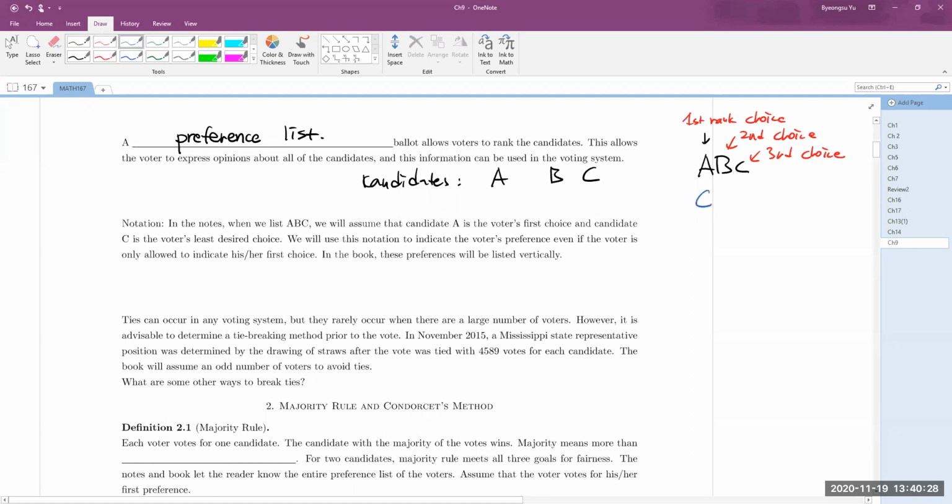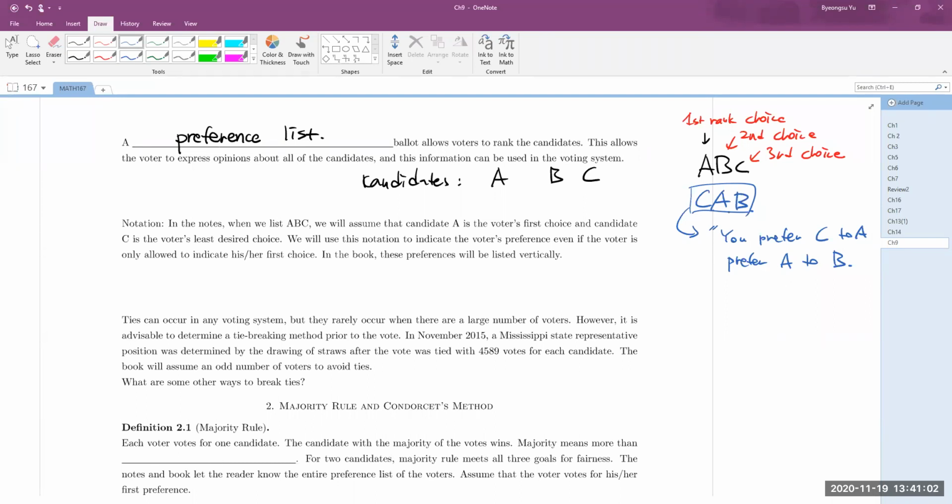Then, for example, if you choose CAB, it means that you prefer C to A and prefer A to B, right? Then someone who has his preference list as CAB, does he prefer C to B or does he prefer B to C?